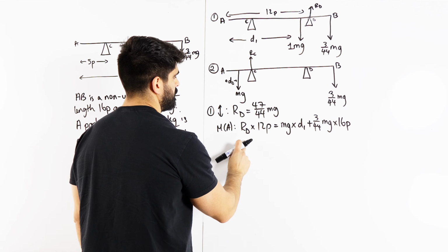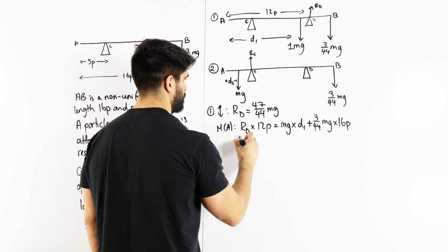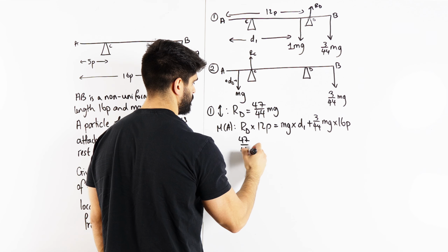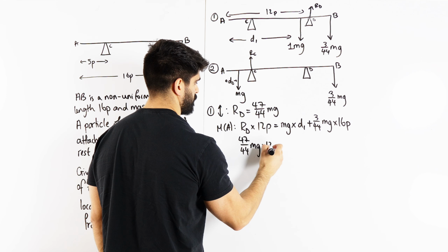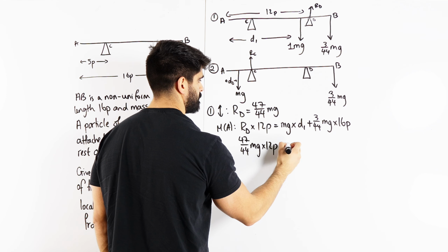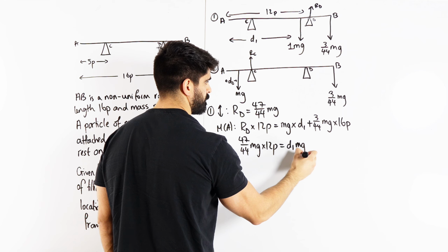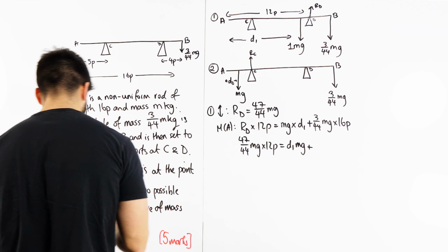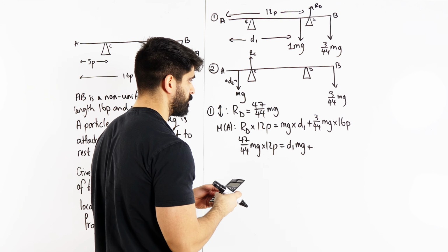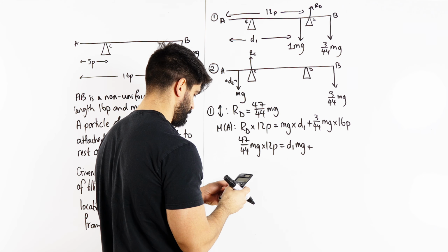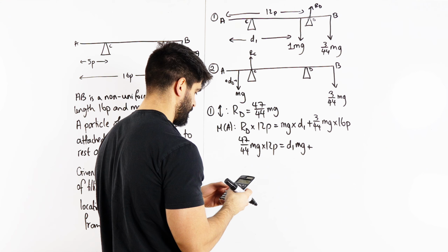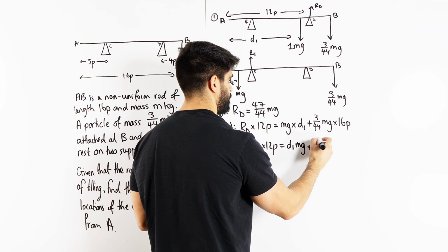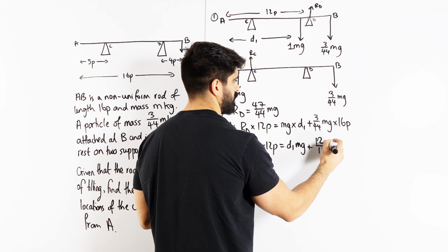Now we have RD, which is 47 over 44 mg times 12p is d1 mg plus 3 over 44 times 16. Yeah, 3 over 44 times 16 is 12 over 11 mgp.